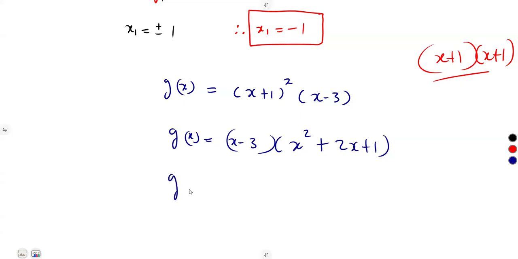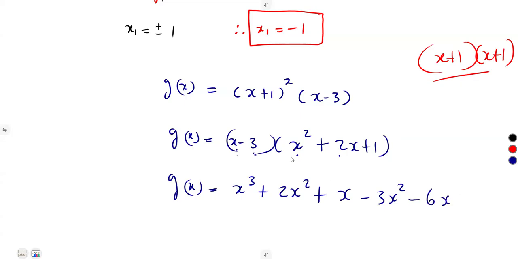Then expanding by x, the second bracket, x and x squared, x cubed, and 2x, 2x squared, x and 1, that's positive x. Then minus 3 multiplies the second bracket, so it's negative 3 times x squared, minus 3x squared, times 2, negative 6x, negative 3 times 1, negative 3.